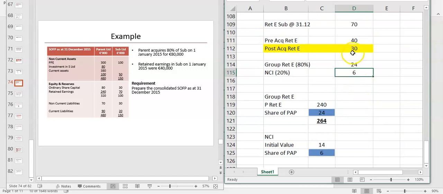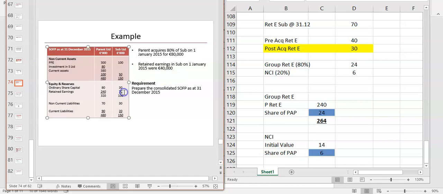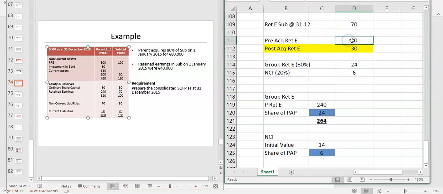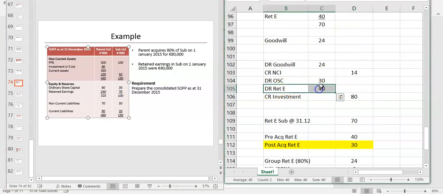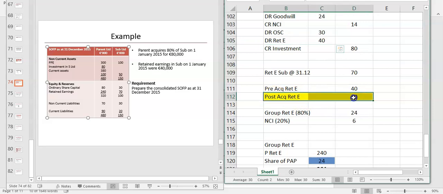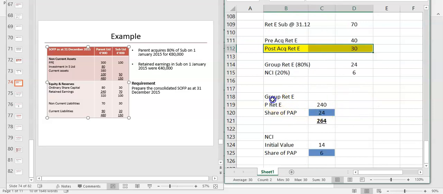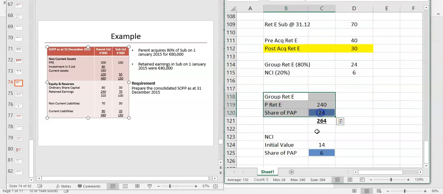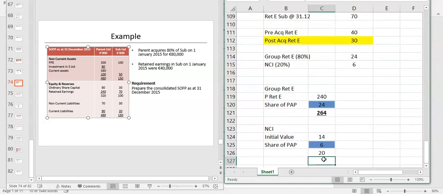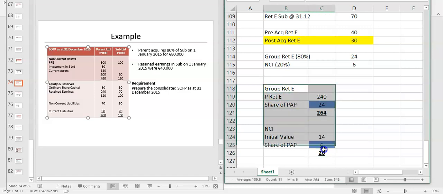So you can see the 70 is divvied out. 40 has been got rid of against the goodwill calculation. That's been debited, got rid of. The remaining 30 is going to be shared between the group retained earnings, who get 80%, and the NCI, who get 20%. So the closing NCI at the year end, which you're going to have in your group financial statements, is 20.